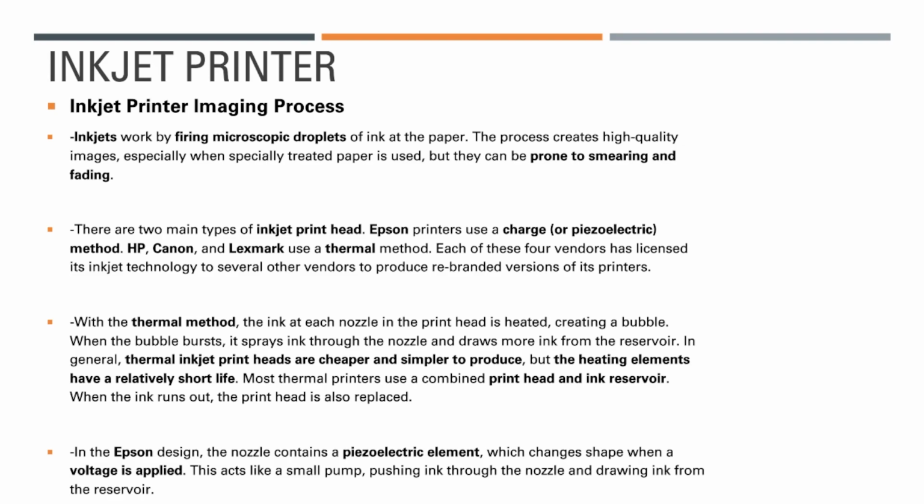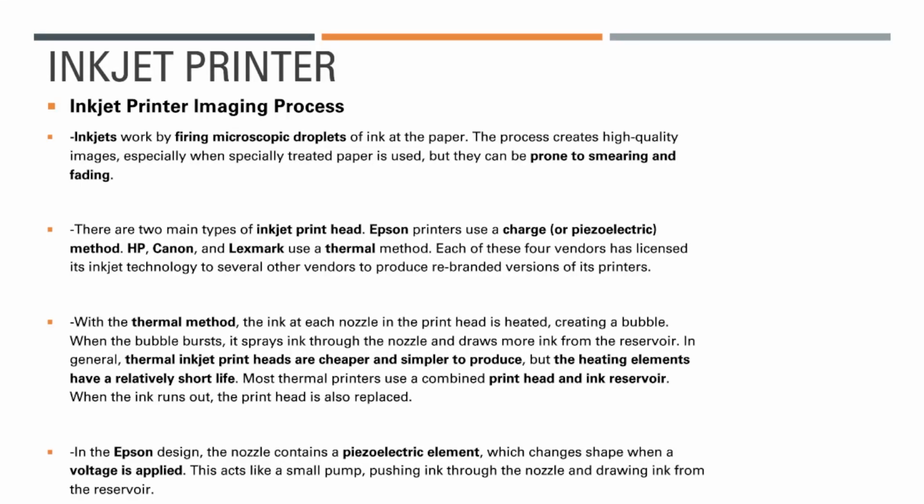With the thermal method, the ink at each nozzle in the printhead is heated, creating a bubble. When the bubble bursts, it sprays ink through the nozzle and draws more ink from the reservoir. In general, thermal inkjet printheads are cheaper and simpler to produce, but the heating elements have a relatively short life.